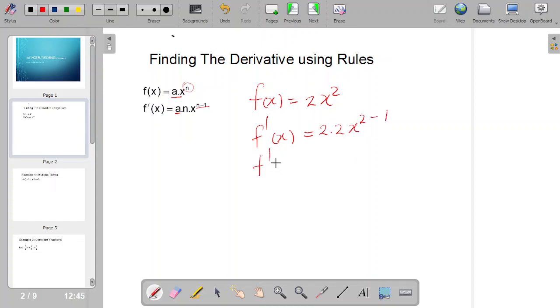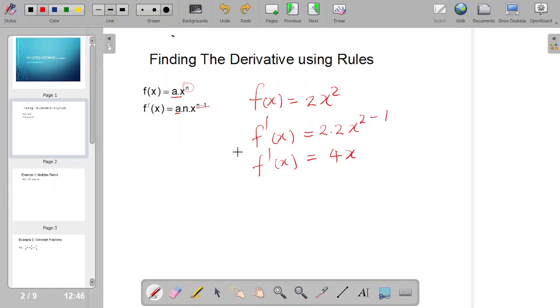So finally your f prime of x will be 4x to the power 1. And in mathematics we do not write this one, but it is enough for us to know that it is there.